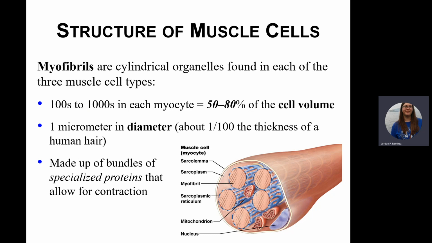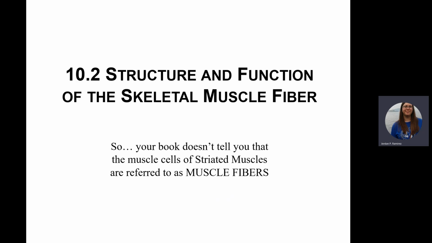They allow our muscles to actually perform their functions. They're around 1 micrometer in diameter, about 1/100th of the thickness of a human hair. And again, they're essentially bundles of specialized proteins that allow for contraction, which, again, we're talking about muscle. That is our main function.